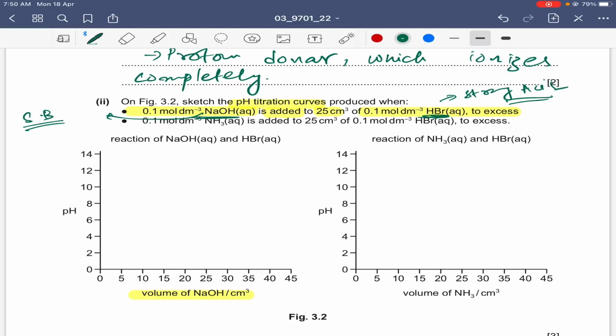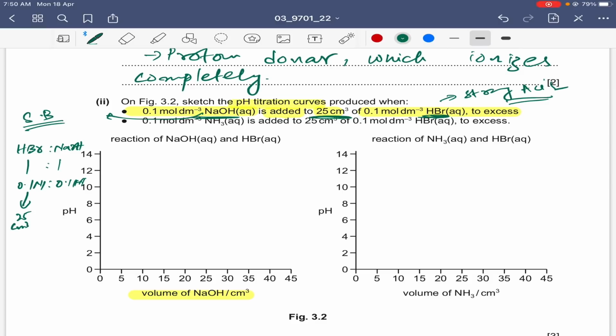So both HBr and NaOH will react in a 1-to-1 ratio, and as their concentrations are the same, we have 0.1 mole per dm cube NaOH and 0.1 mole per dm cube HBr. So to neutralize, or for the equivalence point, if we have 25 cm cube of HBr, they have told us that we have 25 cm cube of HBr.